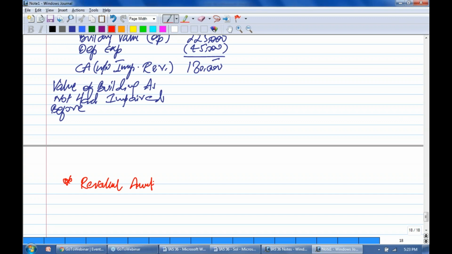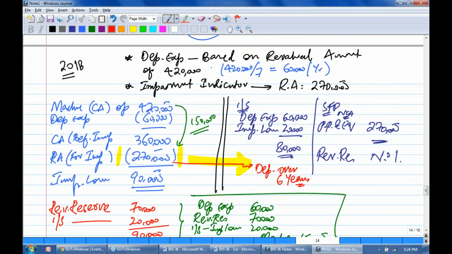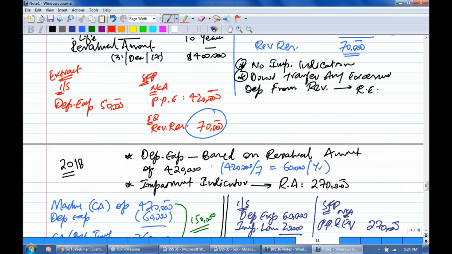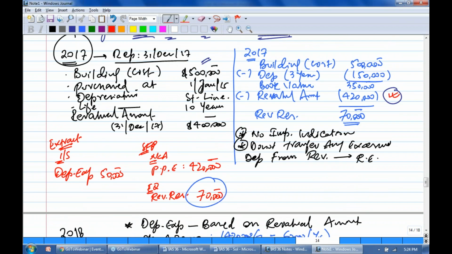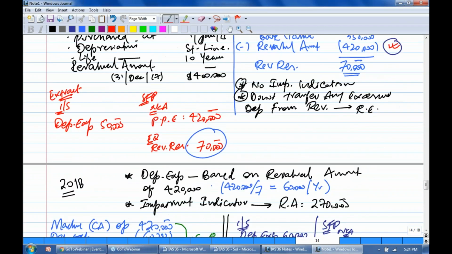The revalued amount at 2017, sorry, take my words back, that's the 2017 amount, 420,000.